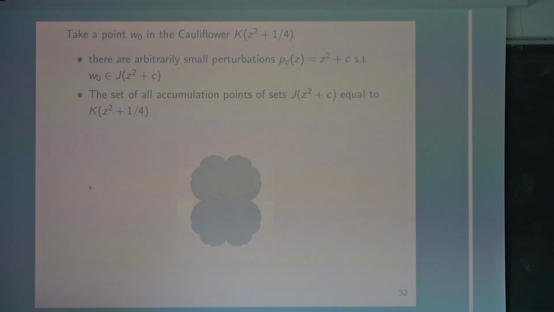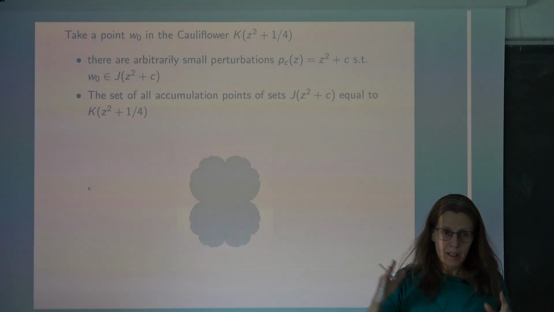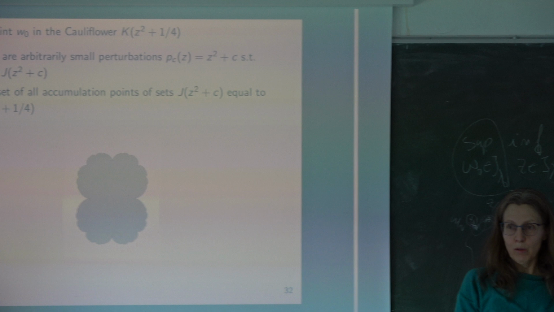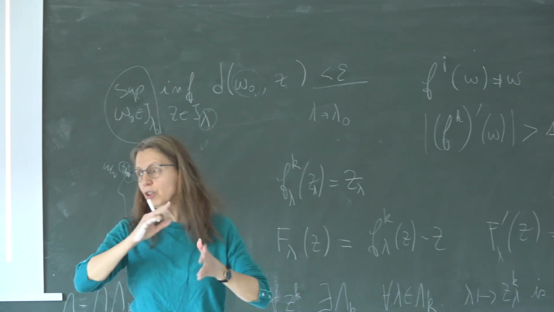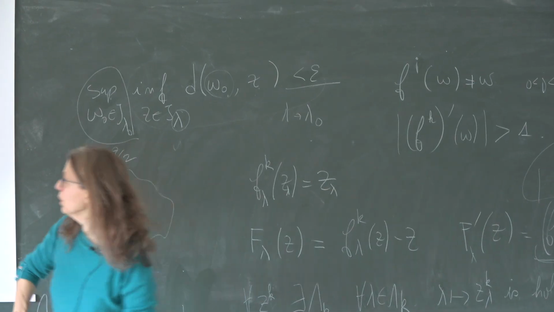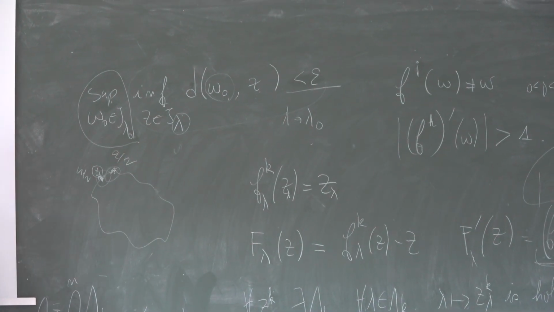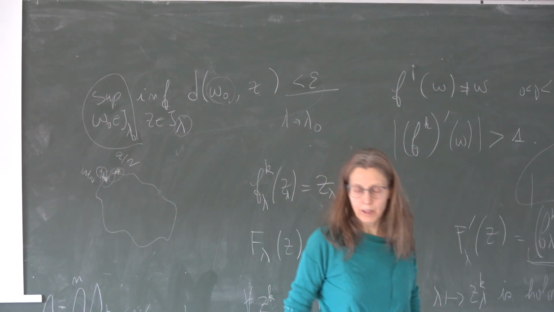If you take all the c very small, you take the closure and you take all the limits, so intersection of union, you will see that they fill all this.